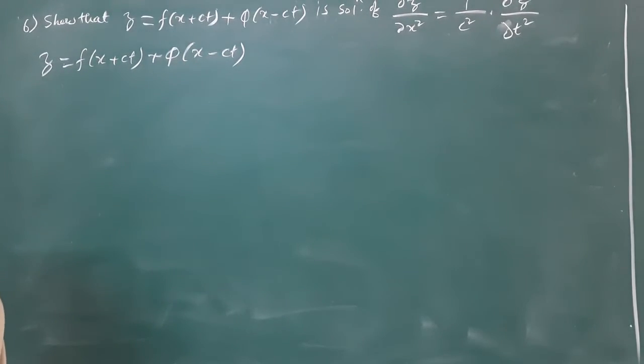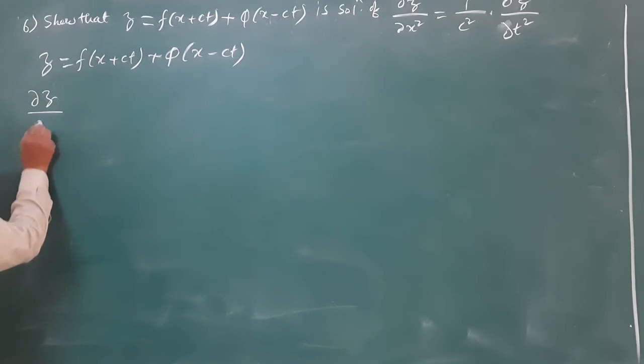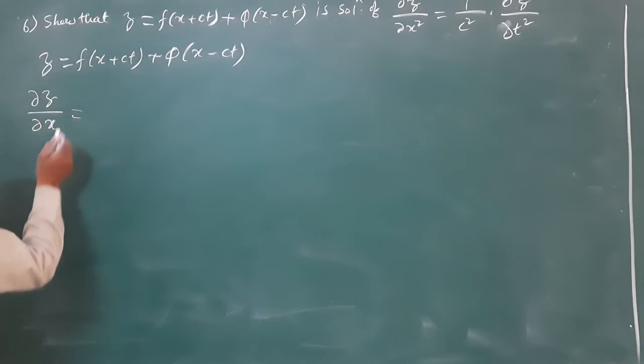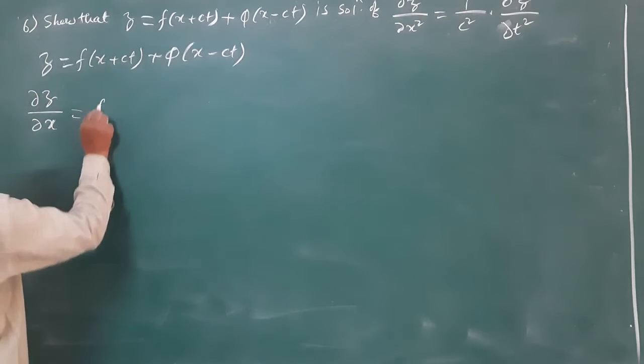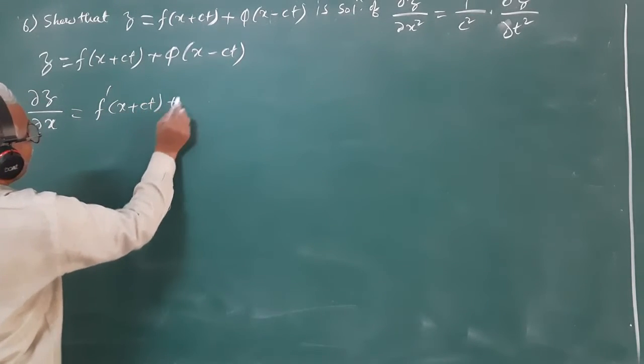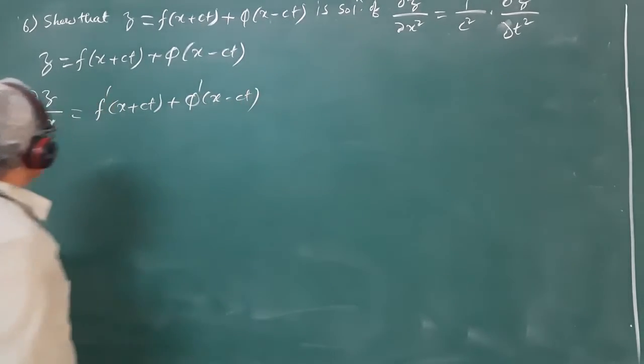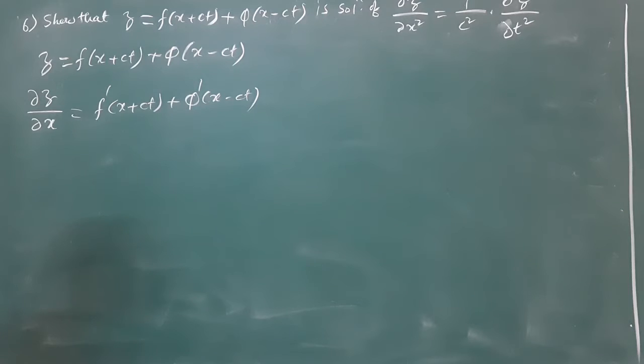So let us differentiate this z partially with respect to x. So dou z by dou x will be equal to f dash x plus ct plus phi dash x minus ct. This is dou z by dou x.